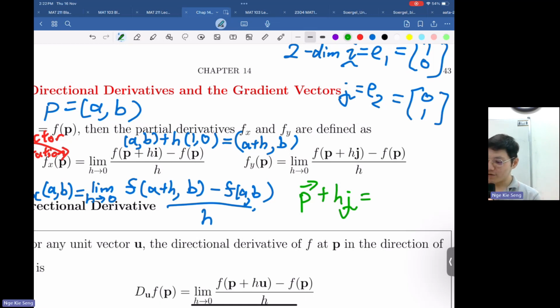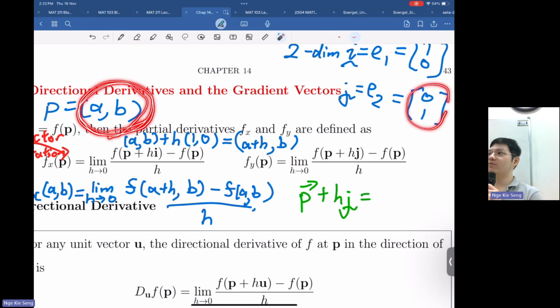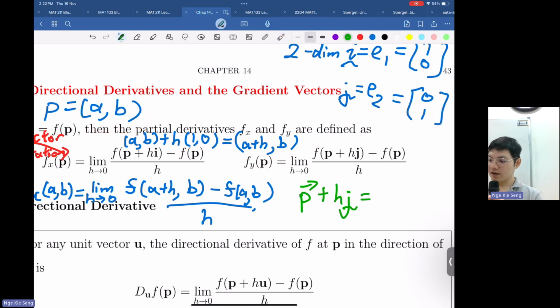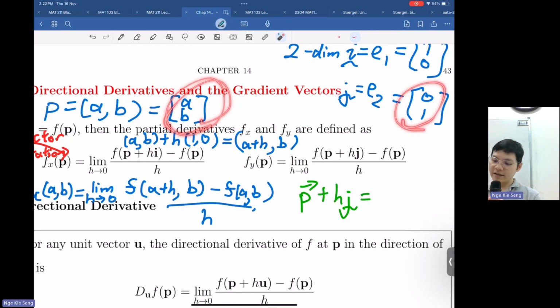One maybe confusing thing is why suddenly I put this square bracket. These are the same, referring to the same thing. I can also write the bracket (a, b) like this. But in linear algebra, we prefer this, and in calculus, we prefer this.